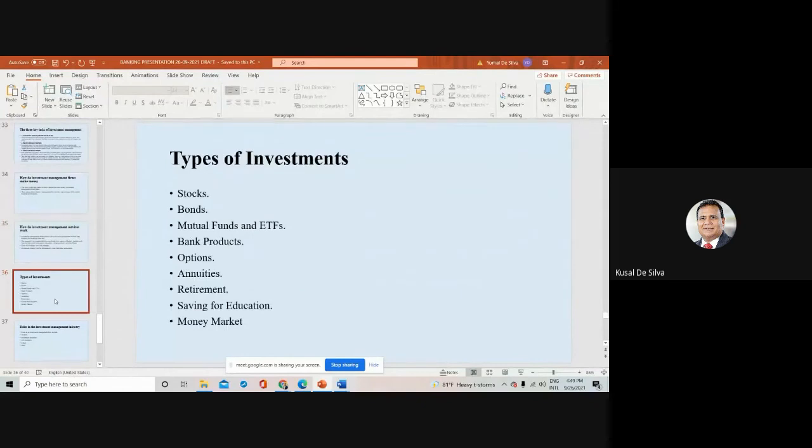Then we'll have different types of investments. Stocks you can invest, bonds you can invest, mutual funds you can invest. Then you have the bank products. Mutual funds in the sense of unit trusts. You have bank products like fixed deposits.